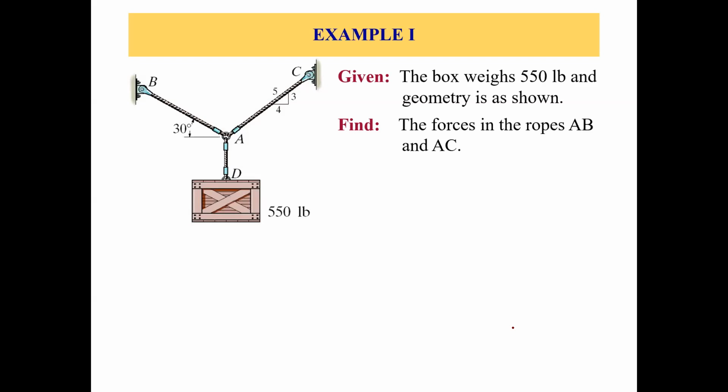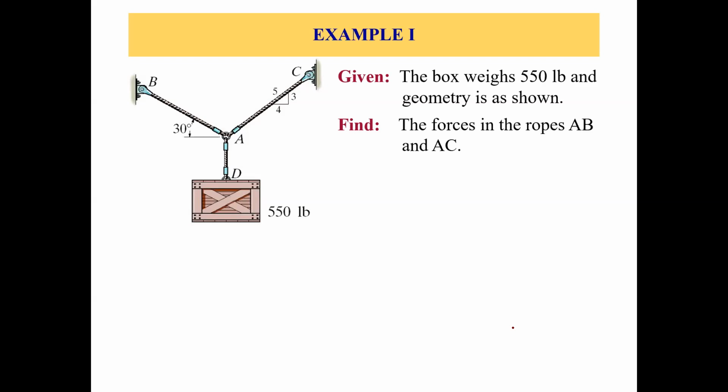Okay, let's come back to the statement. The box weighs 550 pounds and the geometry is as shown. All right, we already saw that. What do we need to do? We need to find the forces in ropes AB and AC, okay? Because we already know the force in cable AD, right? That is the weight, 550 pounds. So we need to find AC and AB.